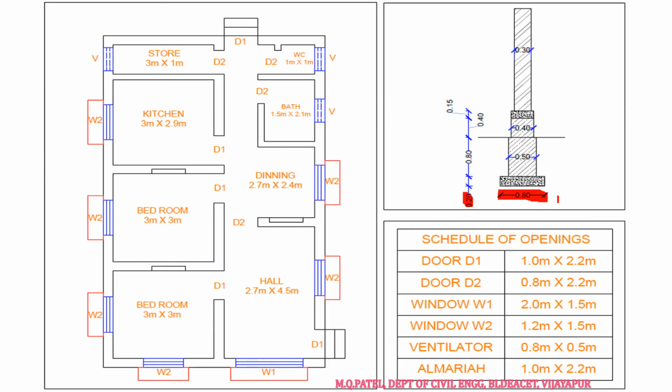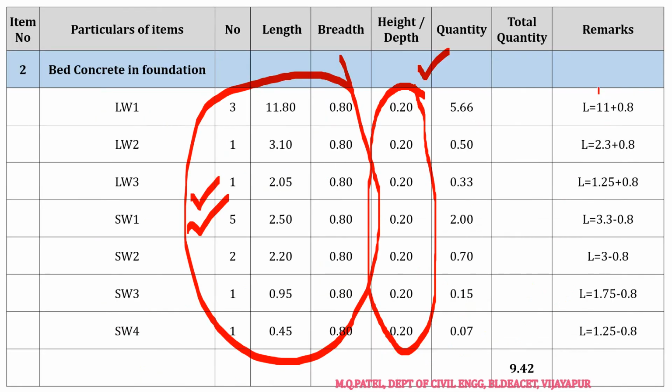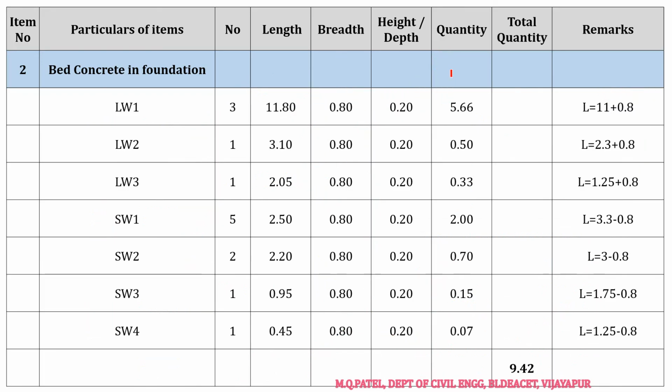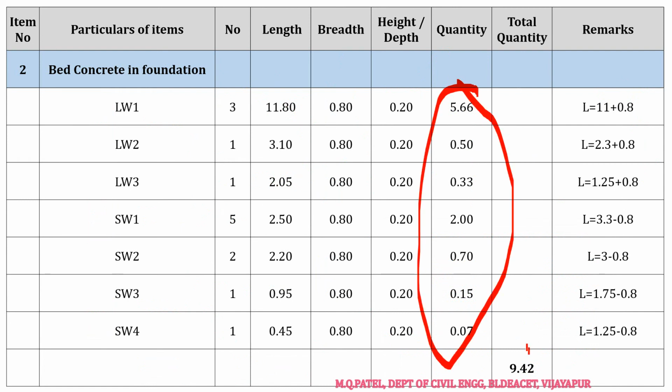So in the length, the calculation will remain the same. How are we doing the calculation? We are doing center to center distance plus the width of the item. As this width remains the same, the lengths will remain the same, right? So only the depth changes. If you change that depth and multiply, you'll get the quantity, the answer as 9.42 cubic meters, right? I hope it is clear.